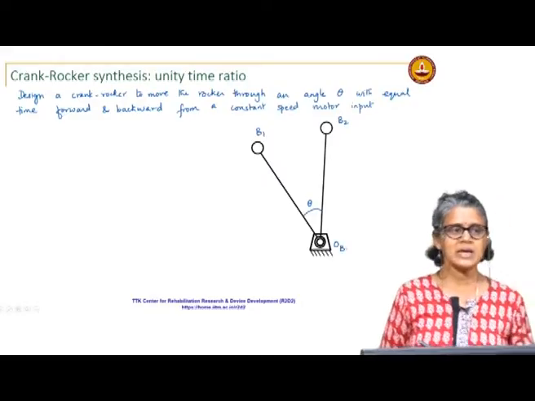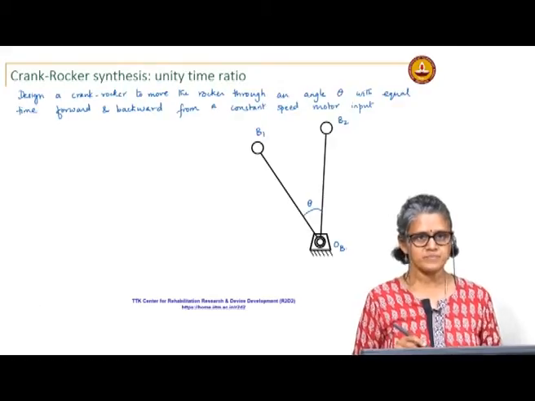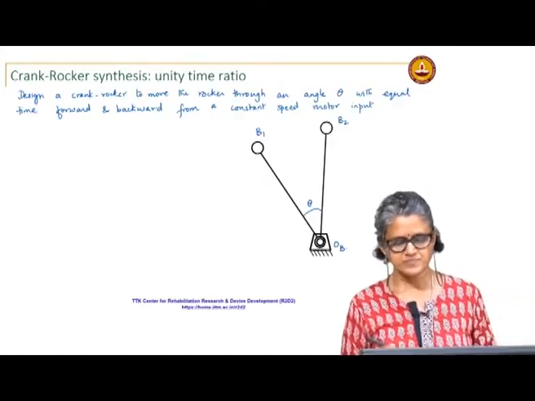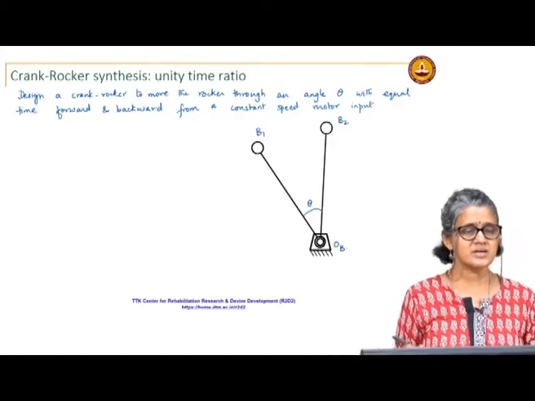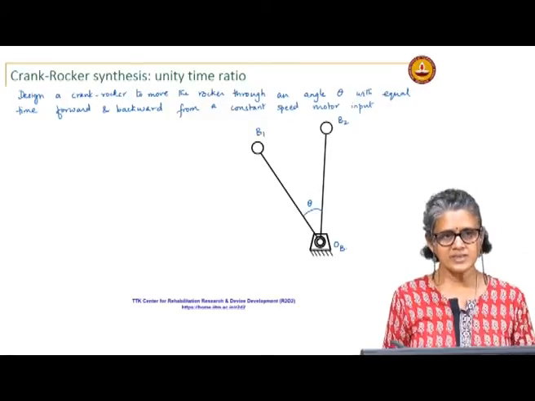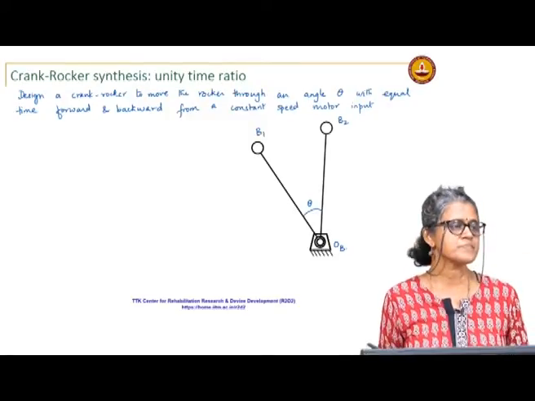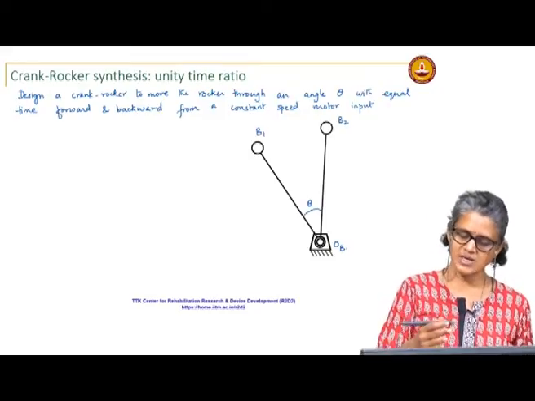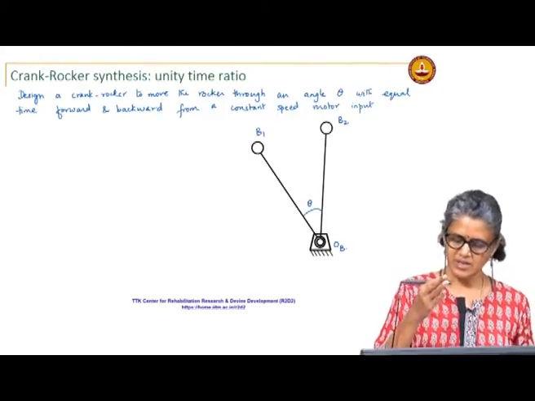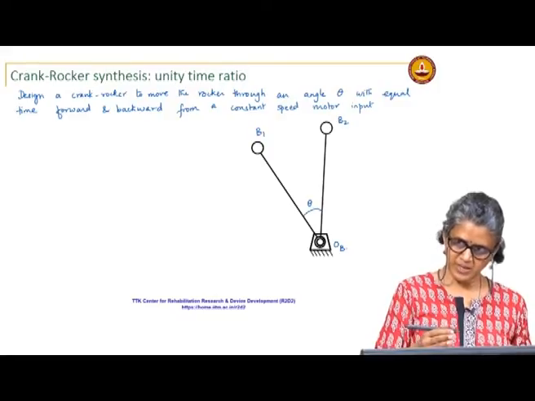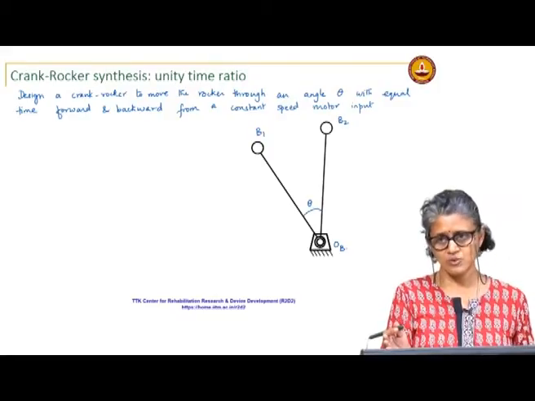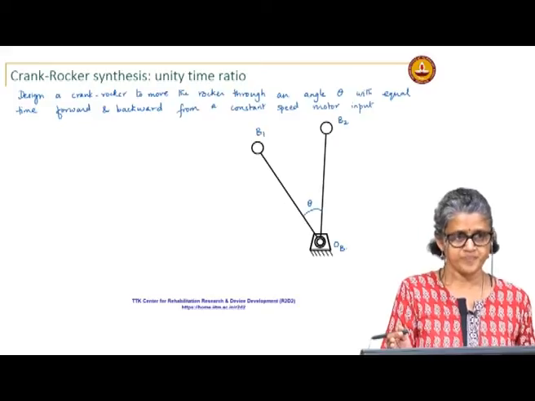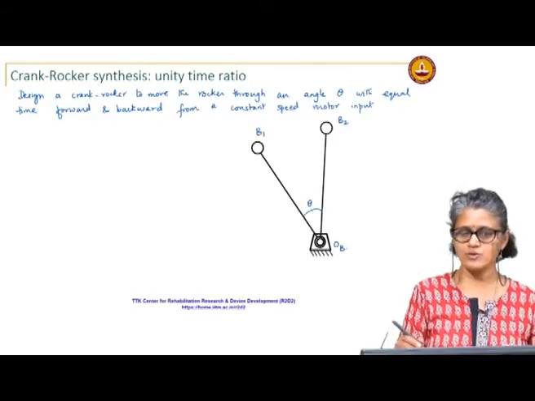So I pick my pivot OB someplace, I pick a certain rocker length which may be determined by other considerations of your application, and I say okay, now my problem becomes I want to move OB B1 to OB B2, okay, through this angle.